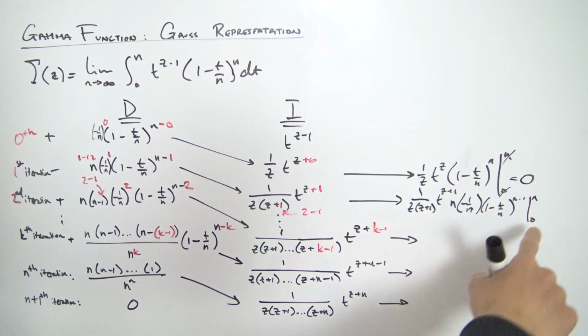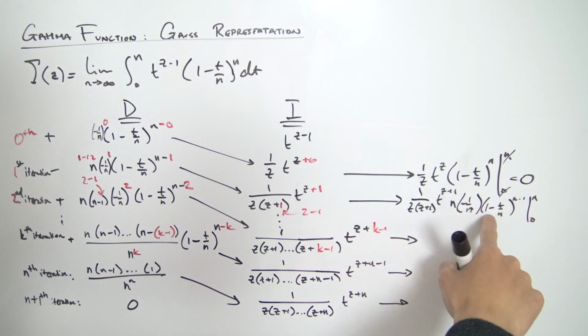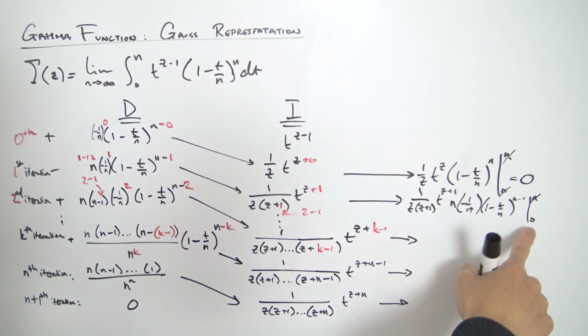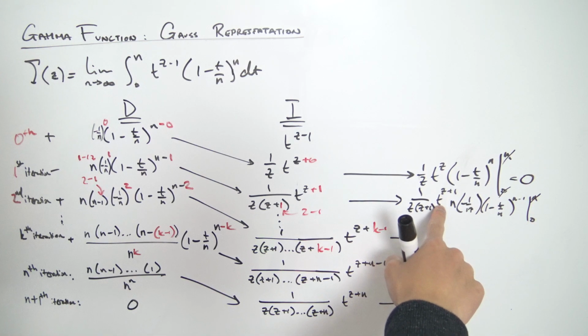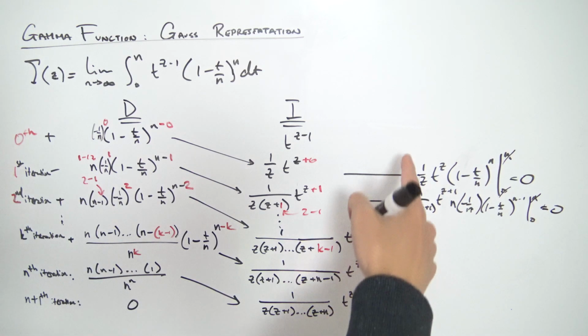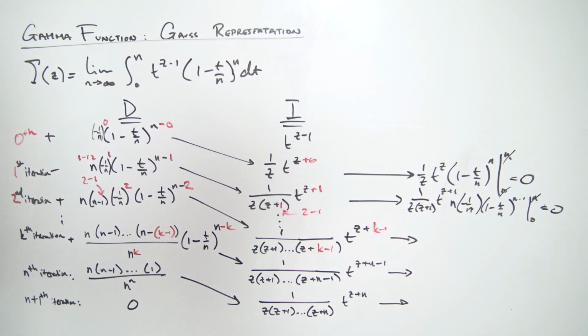And you can check for yourself, if you plug n into here, you're just going to get 1 minus 1, which is 0. So nothing happens over there. And if you plug 0 into this t, you get 0. And you can kind of check for yourself that all these diagonals give you 0, except for the very last one. But we will look at that later.